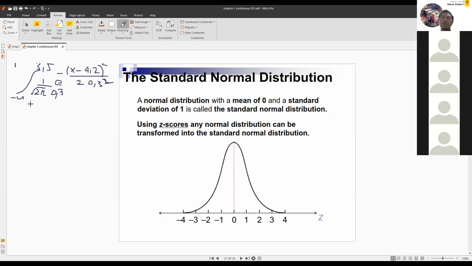You can compute from this integration. This is dx.